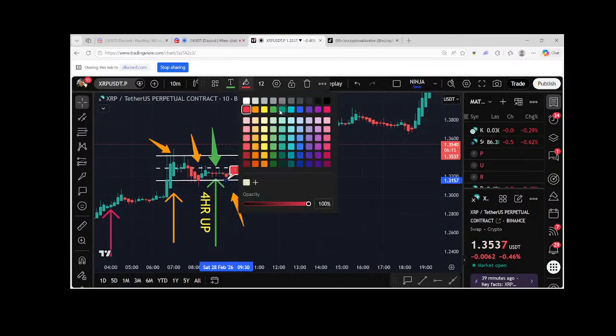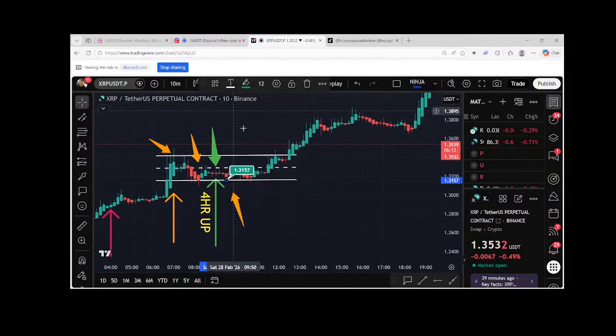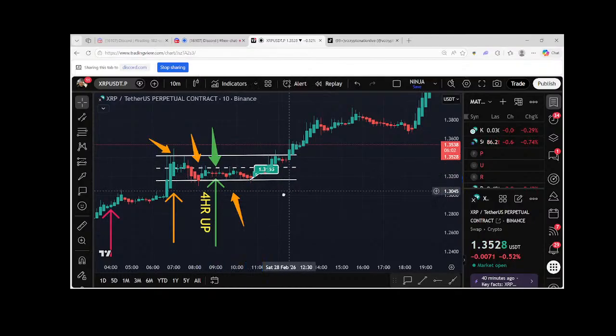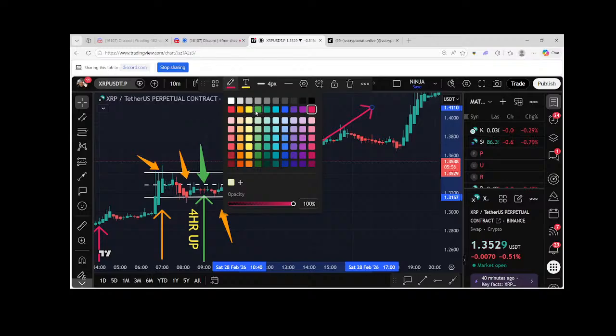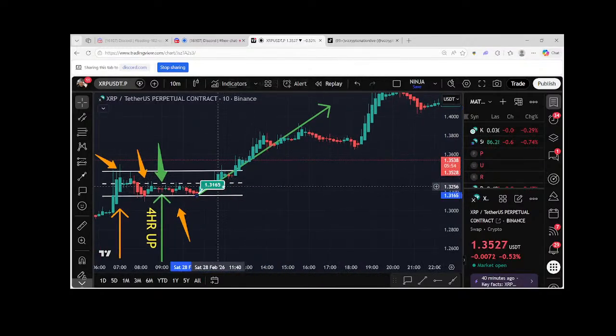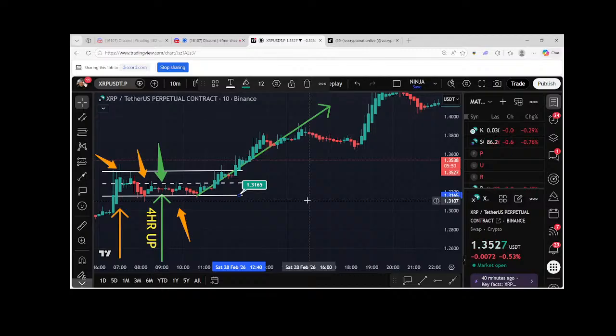So now your support goes in here, and now your entry's on the support. See how that works? So you hit it right there, and then you also hit it right here. So both times you got your entry to your long, which would then end up being in this huge trade. See how that worked?